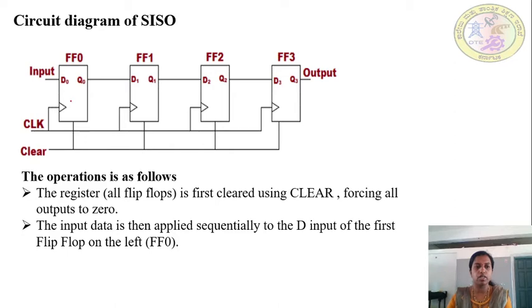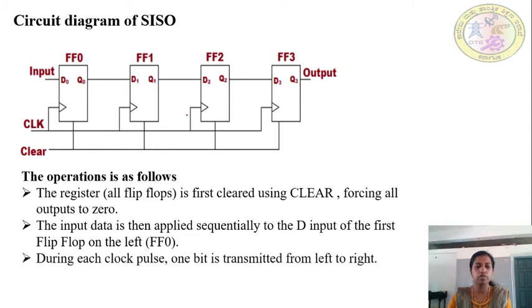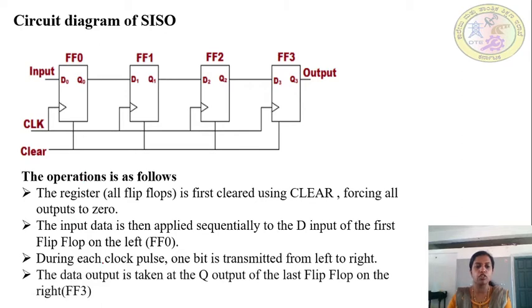After every clock pulse, the data is shifted from one flip-flop to the next. During each clock pulse, one bit is transmitted from left to right. A clock is a signal which determines the timing of shifting data from input to output. The data output is taken at the Q output of the last flip-flop on the right, FF3, that is Q3.